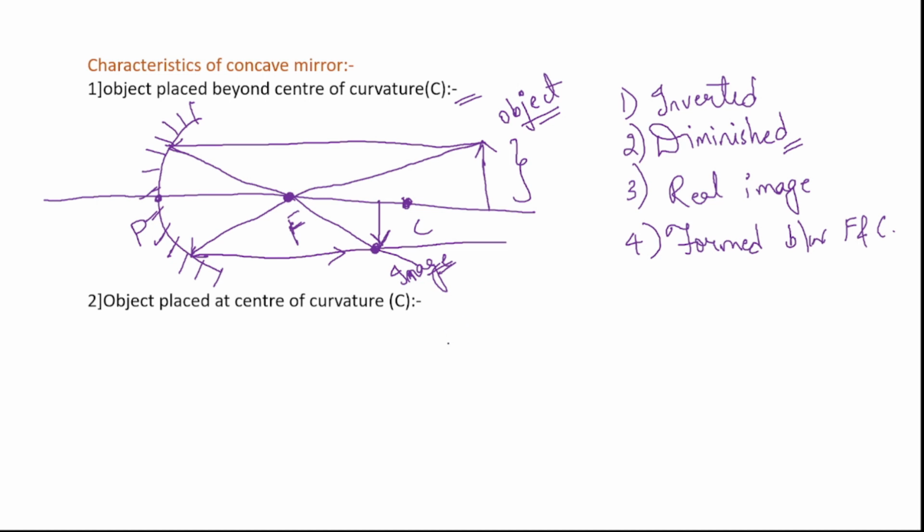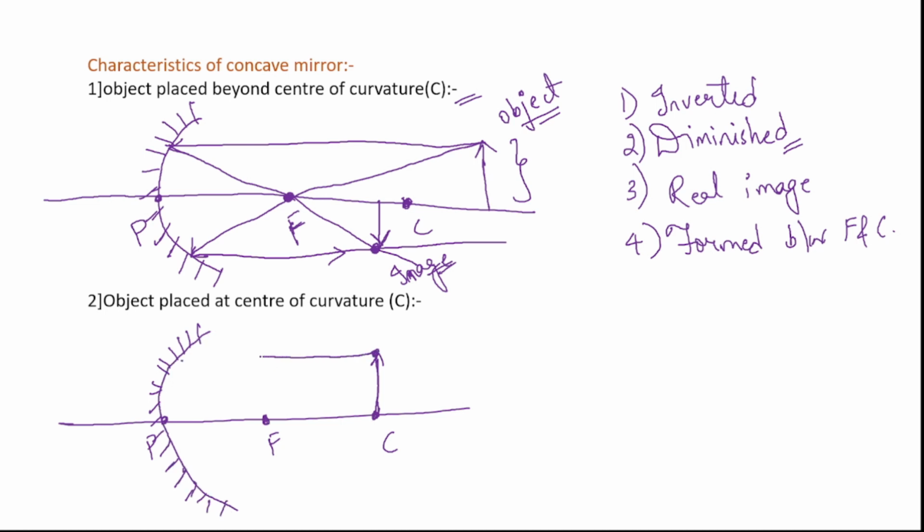Now let us see the characteristics of the image when the object is placed at the center of curvature. Again let us draw a concave mirror. So after drawing this, it will have a principal axis, right? So let us say this is the pole, here we have the focus, and here we have the center of curvature. Now what we are saying, we are placing an object at the center of curvature, right? Let us say a ray has fallen onto the mirror through this object in this direction.